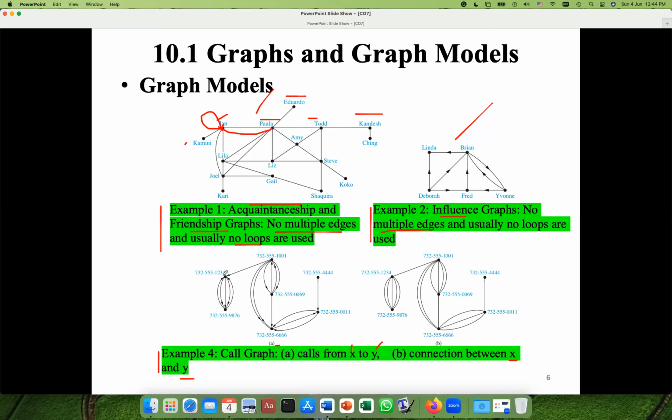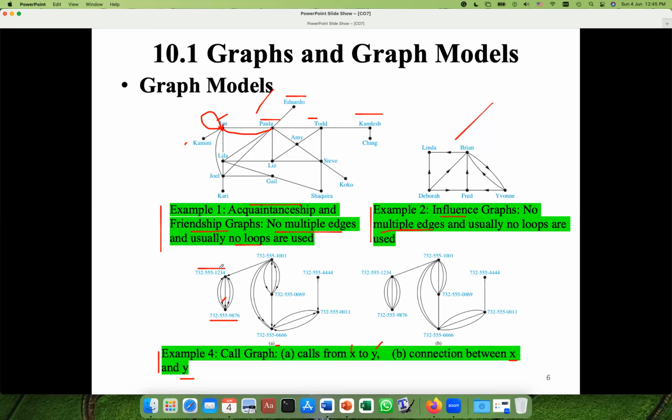So for example, this number and that number, we have communication between them. Here, this edge means that this number is calling that number, from this direction, downward.